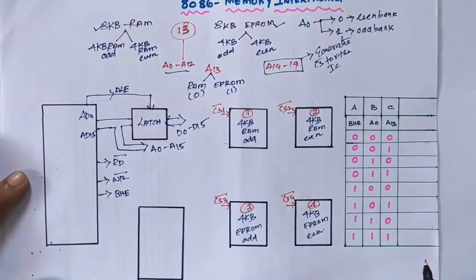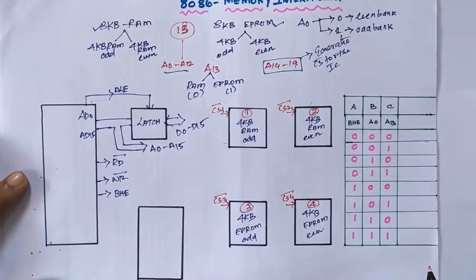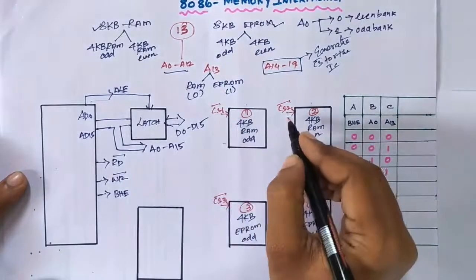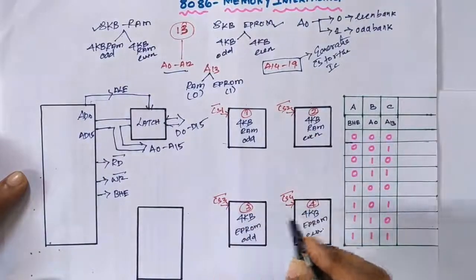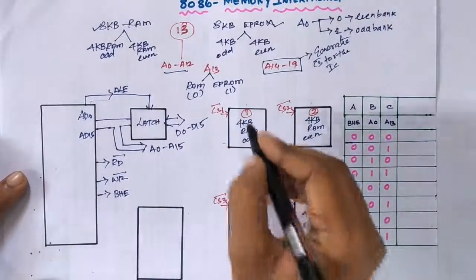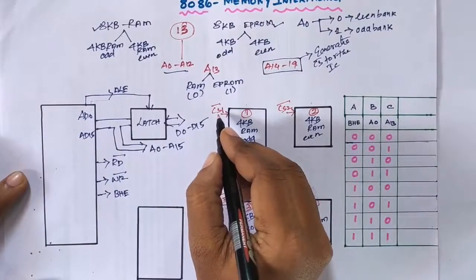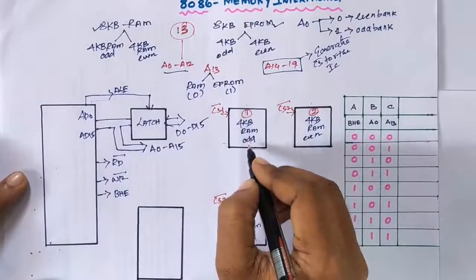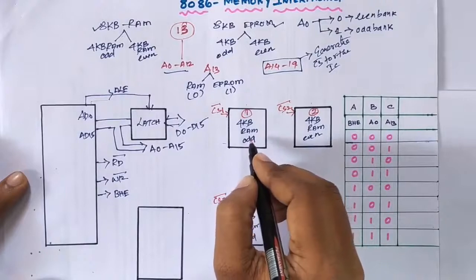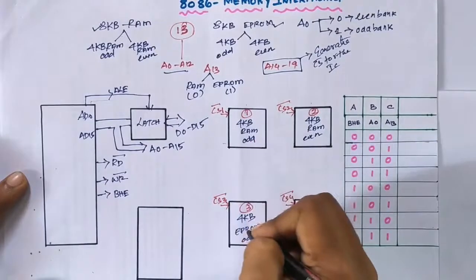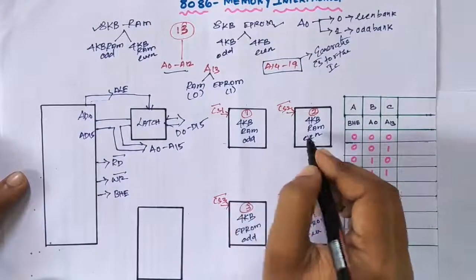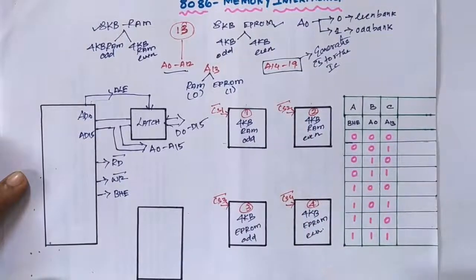By activating the individual chip select signals, we can activate the individual 4 KB RAM or EEPROM memory for the odd and even banks.